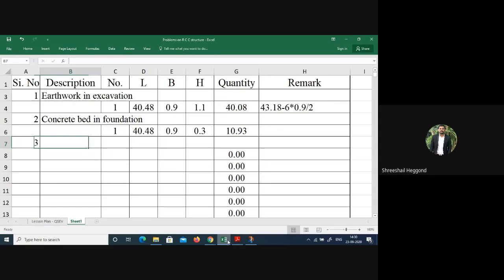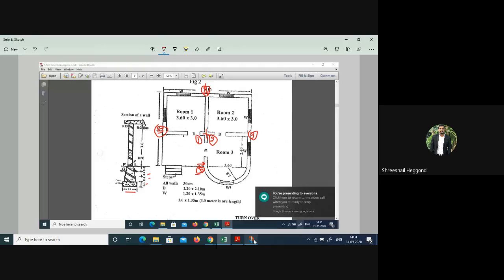Third component would be brickwork in footing. Number will be 1. Length you have to find out: 43.18 minus 6 T junctions into the width of first footing. That is given as 0.6 meter.